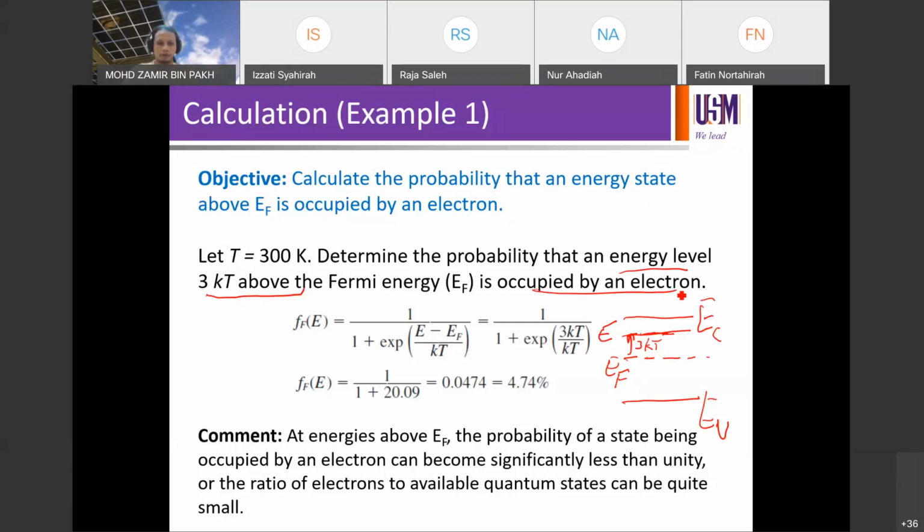So let's go back to the Fermi-Dirac distribution function. Very simple. Now we already know that E minus EF, your E here minus your EF here, is equal to the difference, 3 kT. Therefore, you just replace E minus EF with 3 kT.